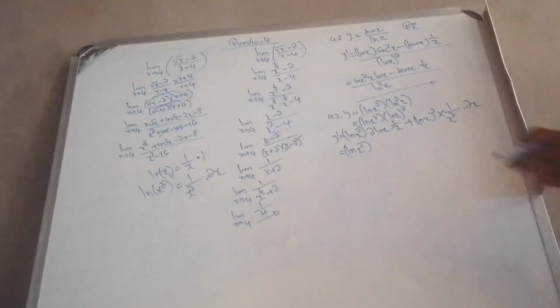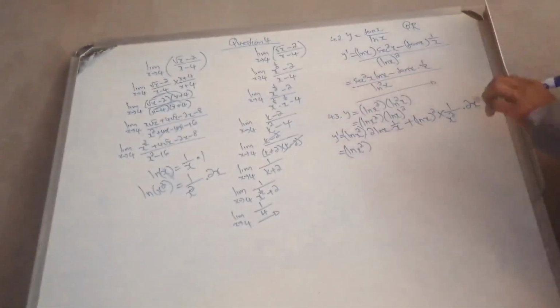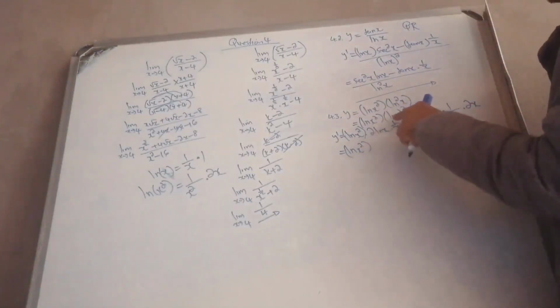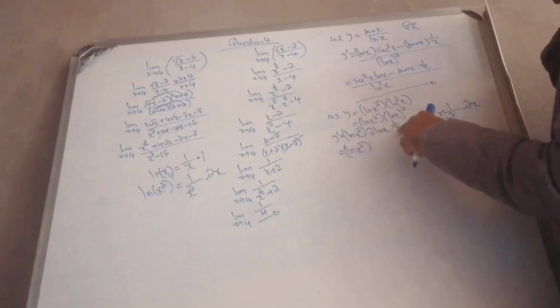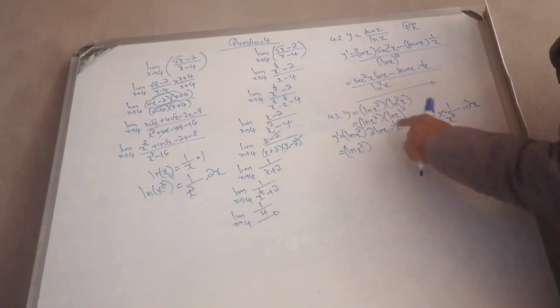Now, when I'm here, I want you to see something. When I differentiated this, I brought down the 2, hold the angle, and differentiate the angle. So meaning, I cannot multiply this with this, because this, I have differentiated the angle here.